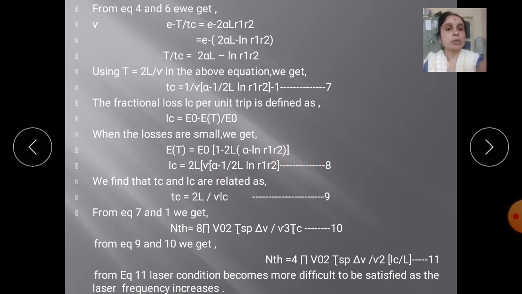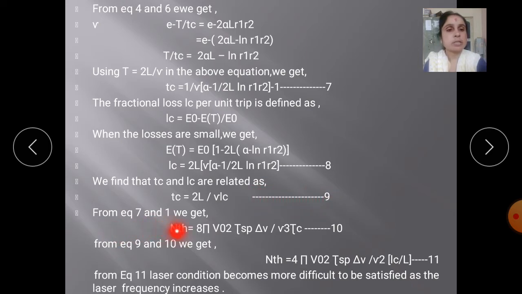So Lc is equal to 2L times v of alpha minus 1 by 2L ln of R1 R2, which is equation 8. Tc can then be related to Lc as Tc equal to 2L by v Lc, which is equation 9.